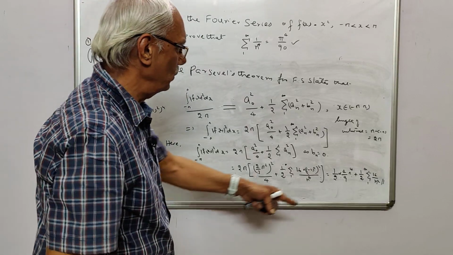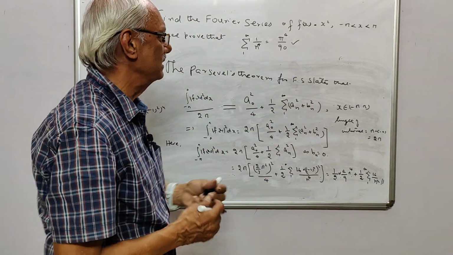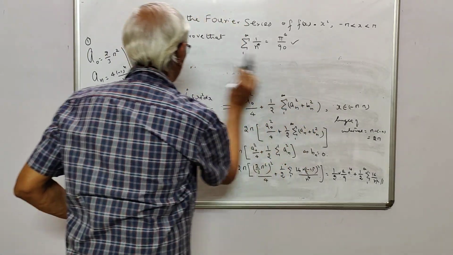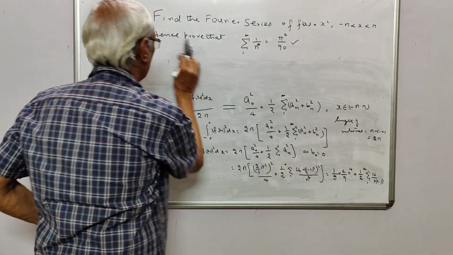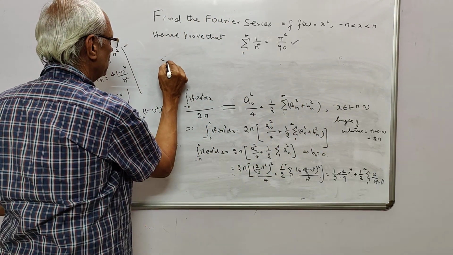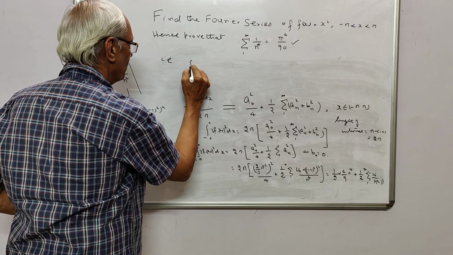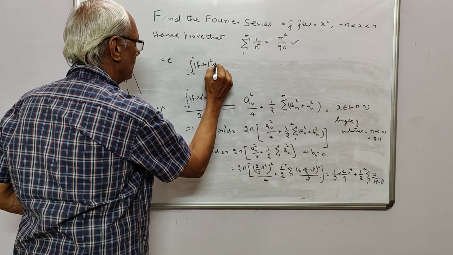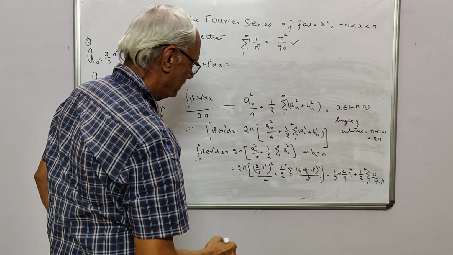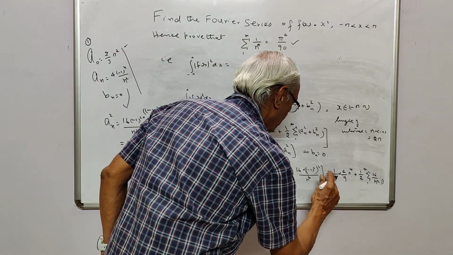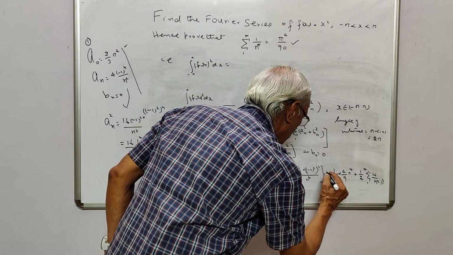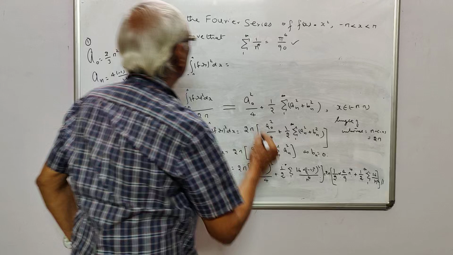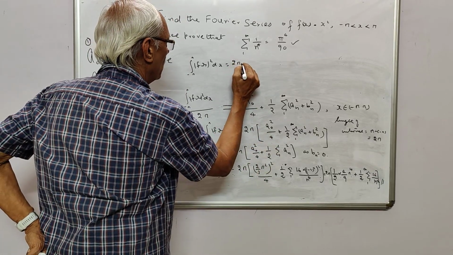Now we have to do manipulations and see that we are getting this answer. So I'll rewrite here now. Here you see that 2 pi is there, so it is equal to 2 pi.